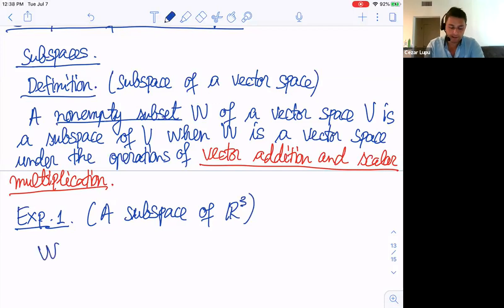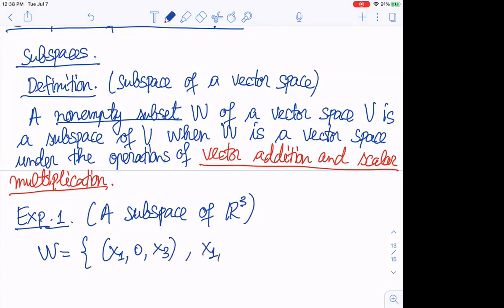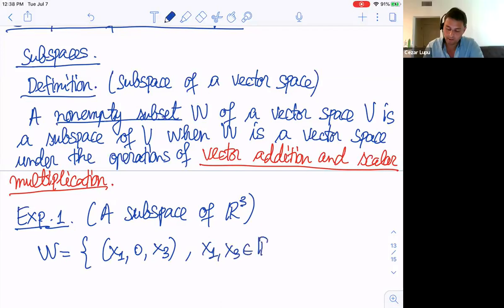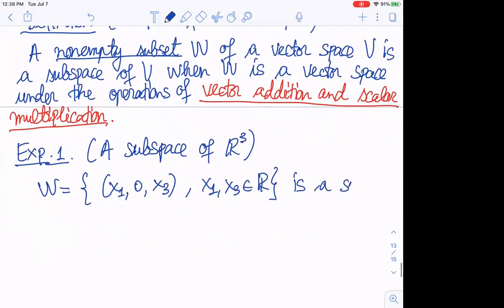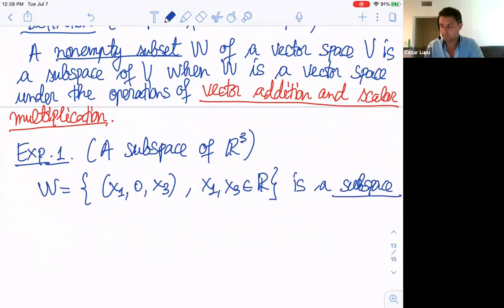So let me take this. W is the set of these vectors (x1, 0, x3) with x1 and x3 in R. This is a subspace of R3 with standard operations.